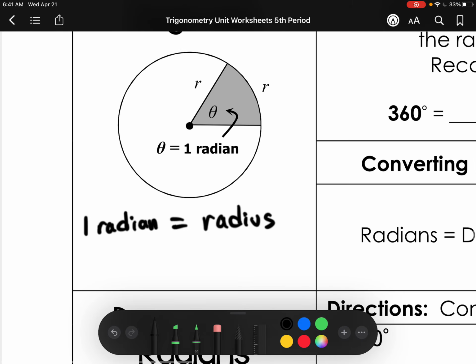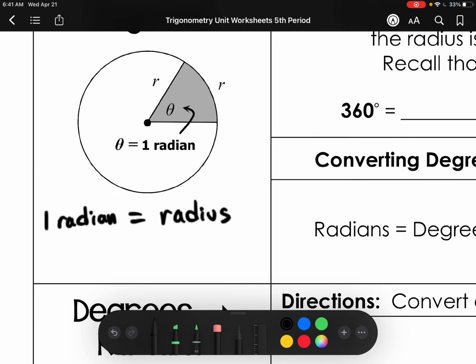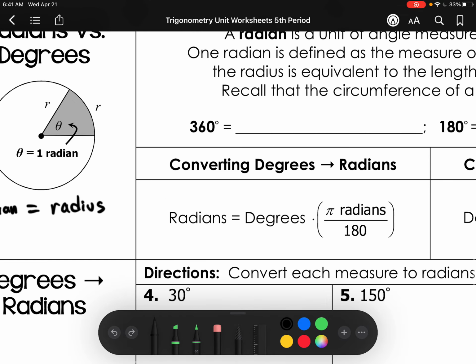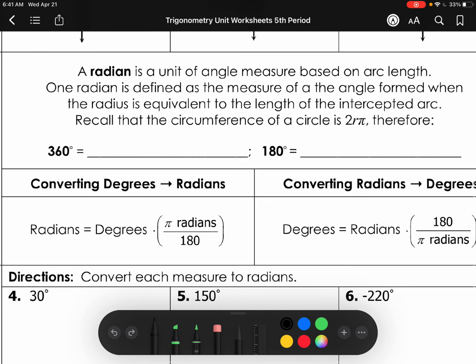This could change based off of the size of your circle, but just know that 1 radian is the same as the radius, whatever your radius is. In the unit circle, we're going to have a radius of 1. So 1 radian would be when the arc length has an exact measure of 1 unit.